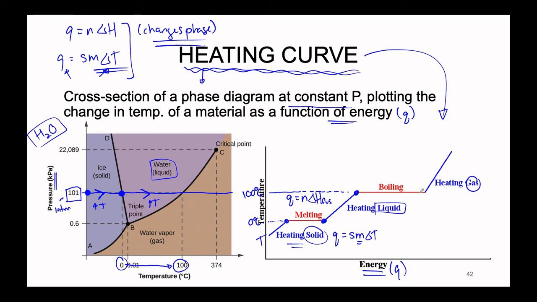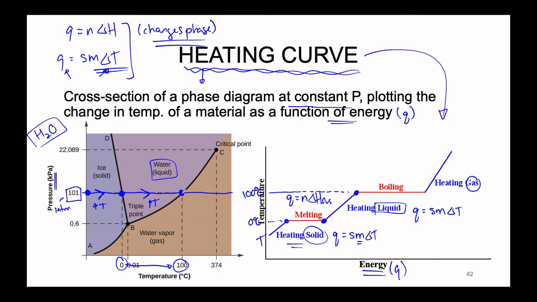In the process of heating our liquid, since we are changing temperature again, we are going to be able to find the exact amount of heat necessary for this process by taking again our specific heat of the material, multiplying it by the mass of the material, and multiplying it by our change in temperature. And our heat will continue to vary as a function of temperature up until we get to the boiling point at 100 degrees Celsius, where on our phase diagram we can see we're at the next phase boundary.